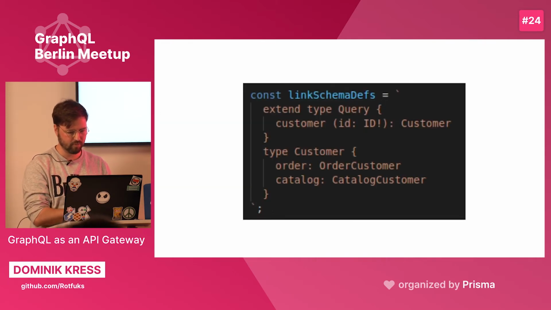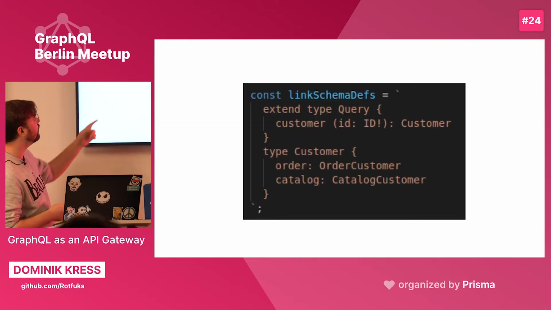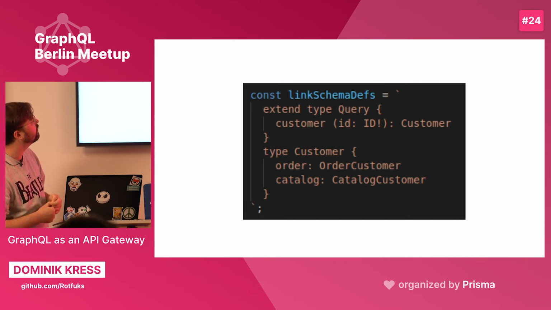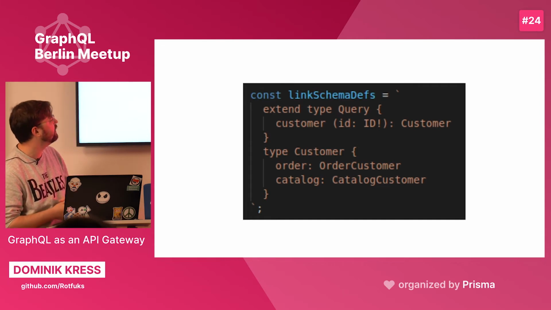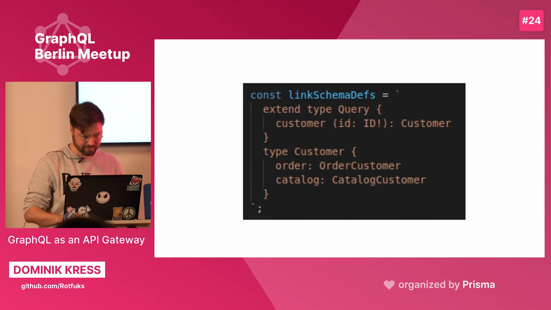So we first create a new schema for our API gateway, defining the customer type with the order customer for order and the catalog customer for catalog.